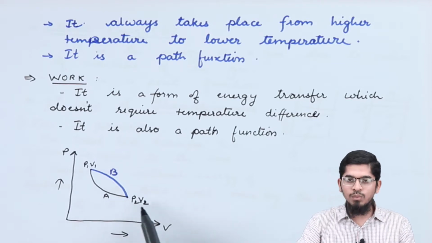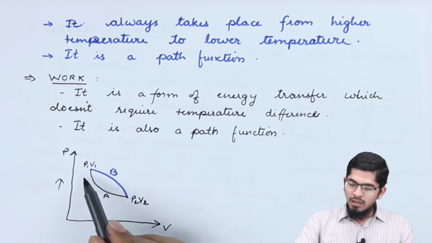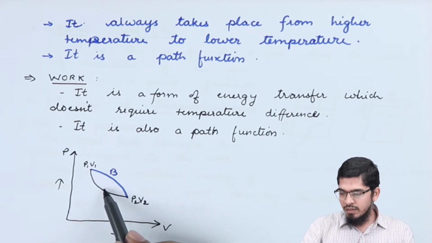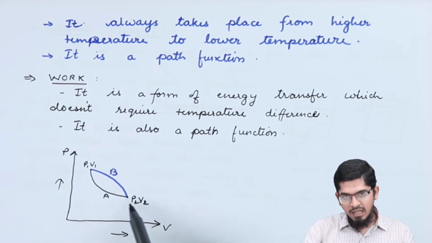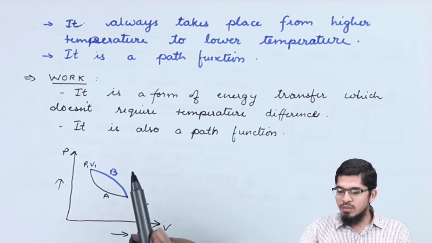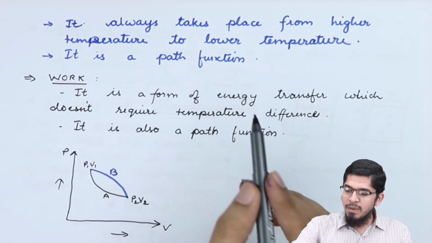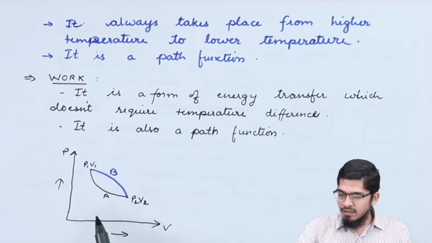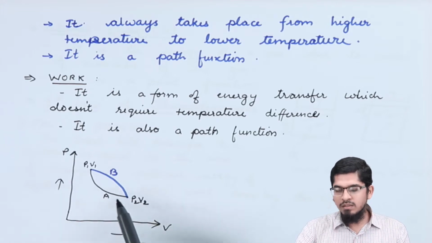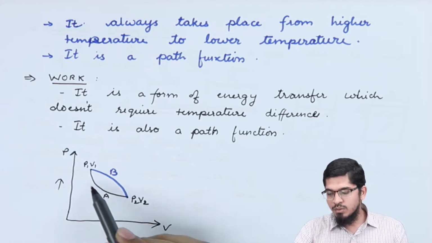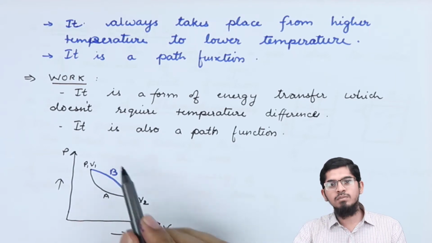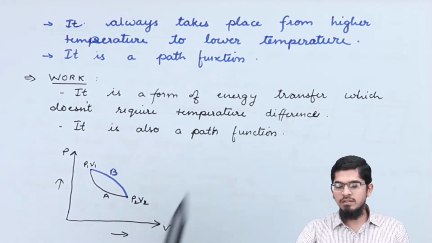Finally it became P2 and V2. Now suppose there are two gases. One gas is moving along path A, and the other gas is moving along path B. Heat being a path function means that the amount of heat absorbed by these two gases depends on the path also. So the heat absorbed by A will be different from the heat absorbed by B. This is what it means.